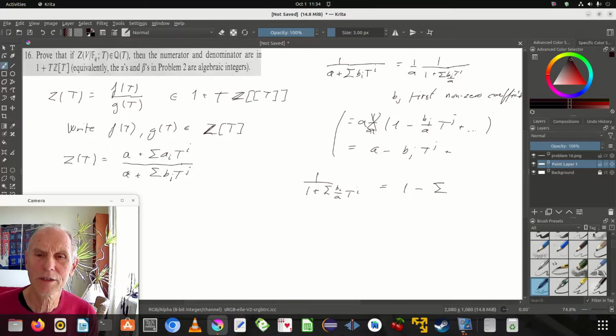If it's minus, then we'll get plus all the way. But when it's plus, then I think it'll be alternating signs. A little preparation here would have been nice, wouldn't it?